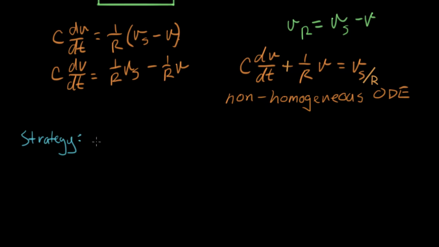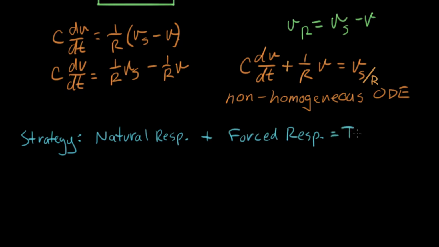So our strategy is to figure out what we call the natural response, and we're going to figure out something called the forced response. And then we're going to add those together with a plus sign, and that's going to be equal to what we call the total response. So this is what the circuit really does.